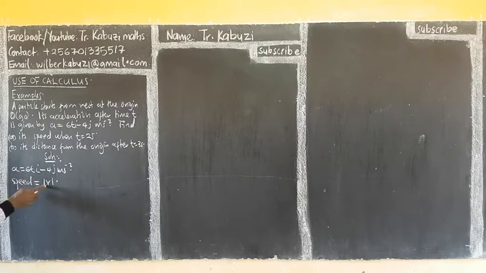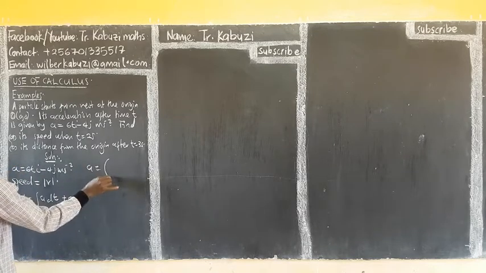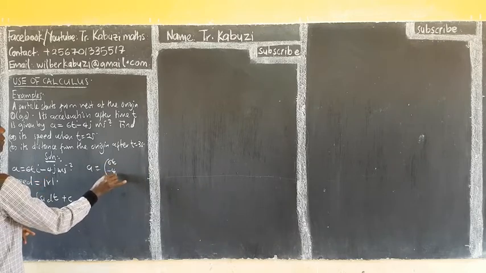But if they give you acceleration and they need velocity, know that our velocity is equal to the integral of acceleration. Of course, to determine this, we shall add a constant of integration. Our acceleration we can give in column form as 6t, then minus 4.